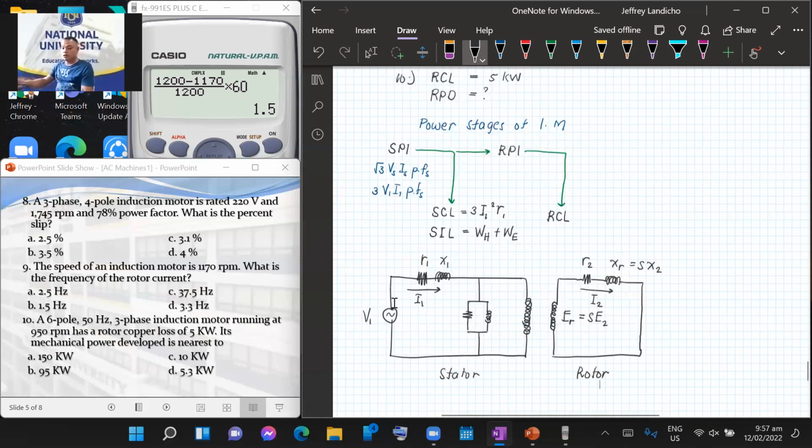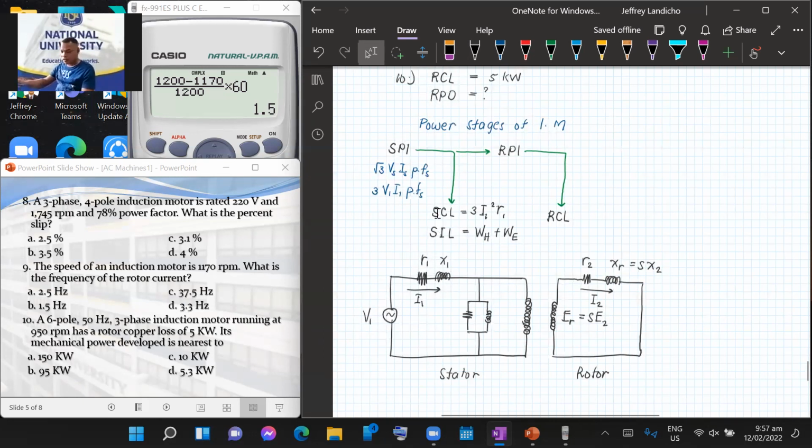So dito tayo ma-input electrical. So the power input here, that is the stator power input. So since this is per phase, kaya ito yun, 3 times V1 I1 power factor of the stator. The stator supply voltage per phase, and you have the stator current. So therefore, yung input natin dito, dadaanan niya yung ating copper.